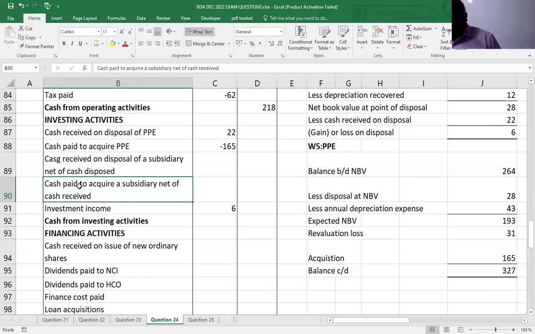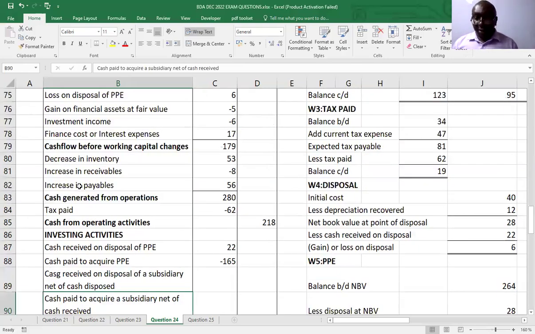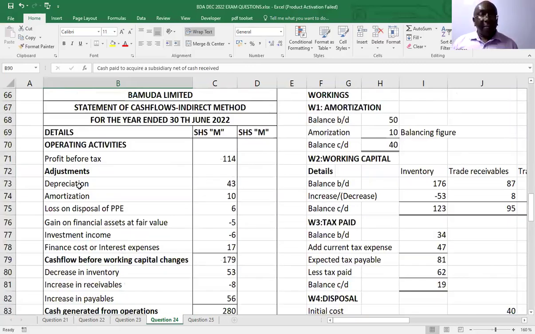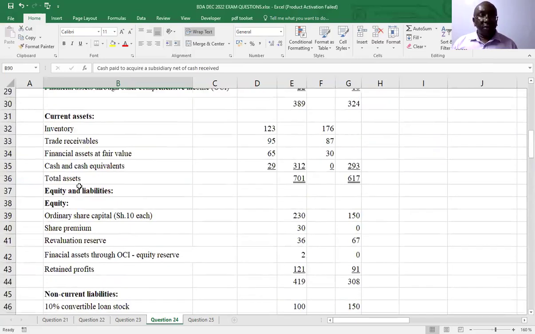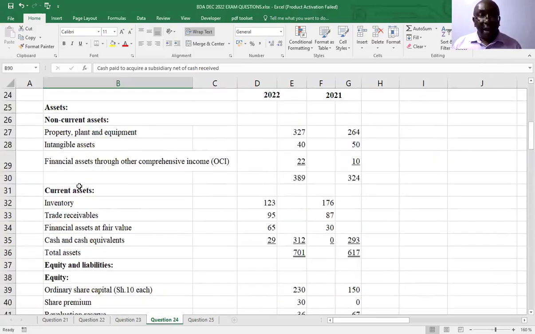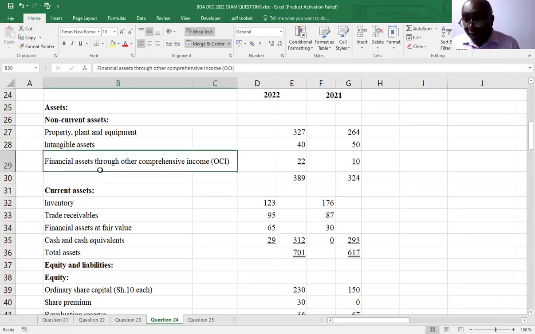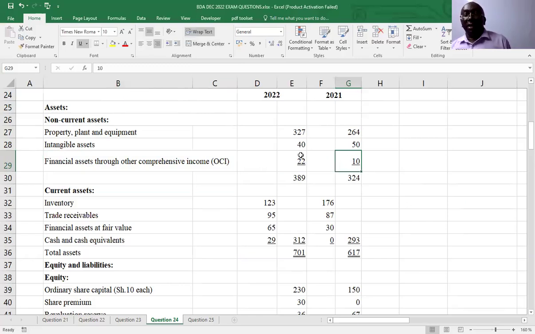Then when I look at my statement of financial position, I can see there were financial assets. So this one will require a working because you can see we have opening of 10 and a closing of 22.